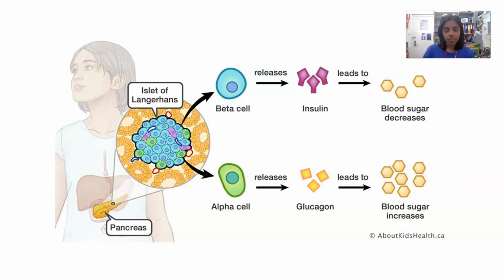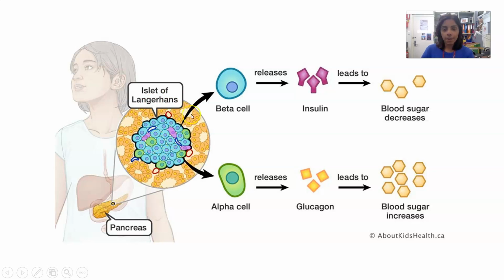This cartoon is just a little summary. If you're more of a picture person, you could use this to help inform your notes. And it's just explaining the same thing. The pancreas has the islets of Langerhans, and within the islets of Langerhans, we have beta cells and alpha cells in green here.